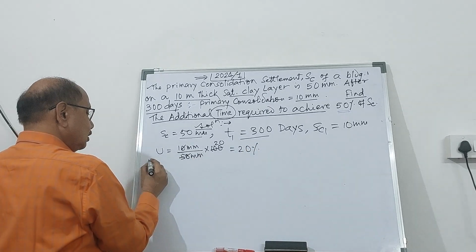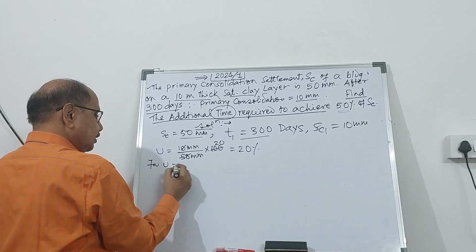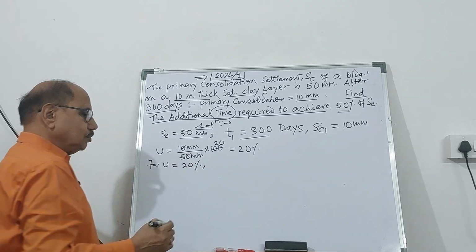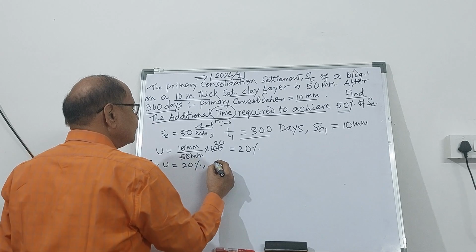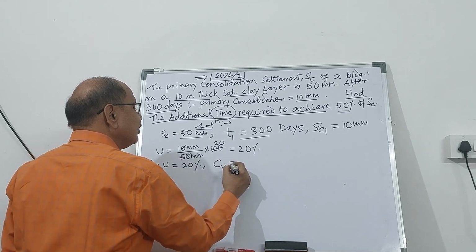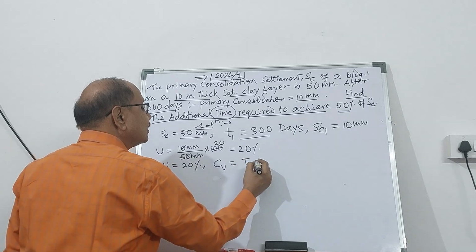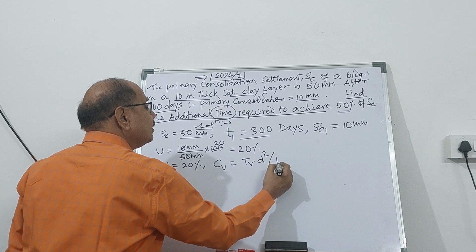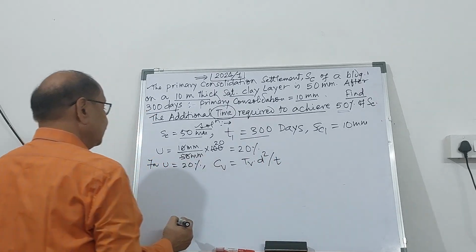So for U equal to 20%, you know the value of CV. CV equal to time factor into d squared divided by t.